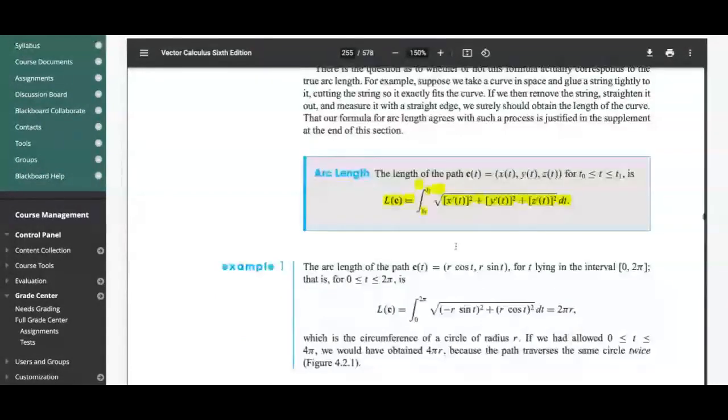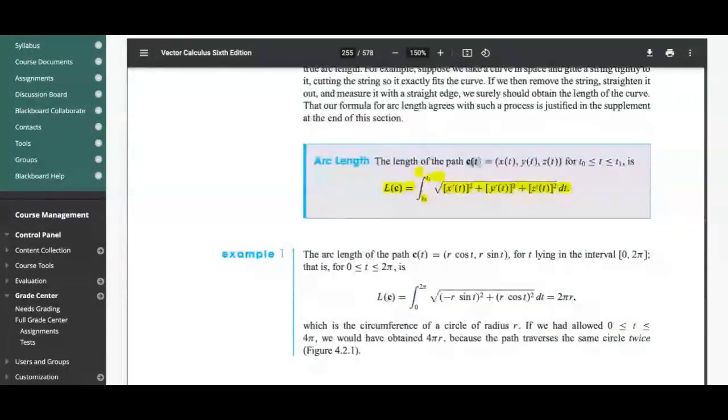For us, we're dealing with vectors, so c goes from 1 space to 3 space, and t goes from t0 to t1. So L of c, the length of this arc, or this path, is the integral from the lower end t0 to the upper end t1 of the square root, which is the magnitude of c prime of t.